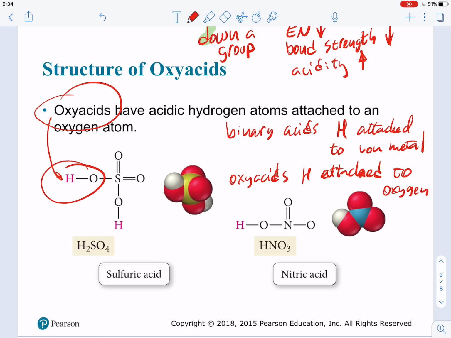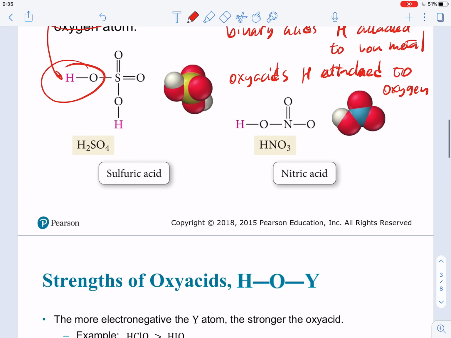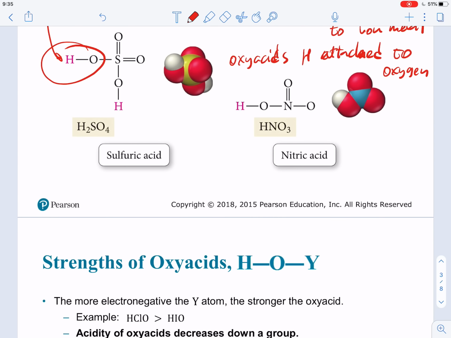And that makes things a little bit different, because now if we are looking at the acids, in a binary acid, what you have is HX, right? Simplify. You want this bond weak to make an acid stronger. In an oxyacid, if we take this, now you have HOY.